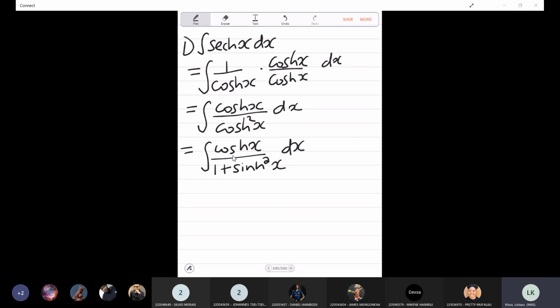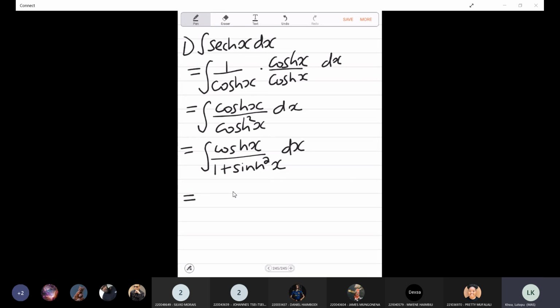Okay, so this is already in the form that I want. I don't need to add any constants. Like I say, the derivative of the hyperbolic sine is just hyperbolic cos.